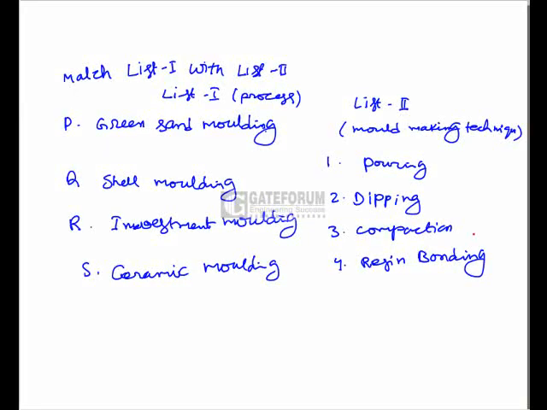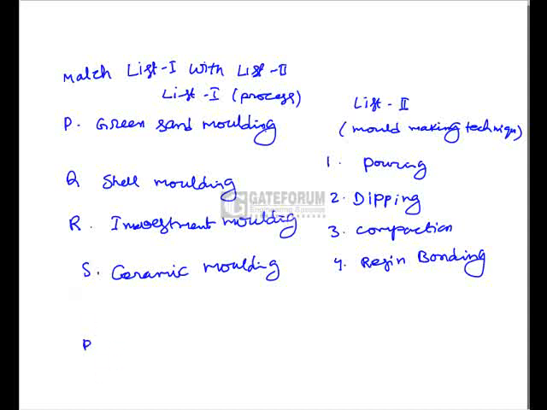Match list 1 with list 2. Here list 1 consists of different types of process and list 2 consists of mold making technique. So in list 1: green sand molding, shell molding, investment molding, ceramic molding, and the mold making techniques are pouring, dipping, compaction and resin bonding. Here for green sand molding the mold making technique is pouring.